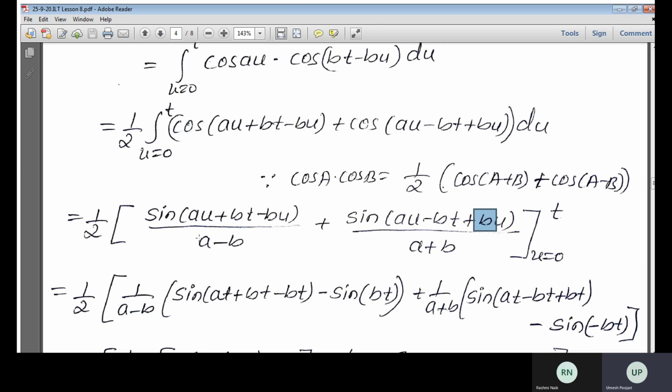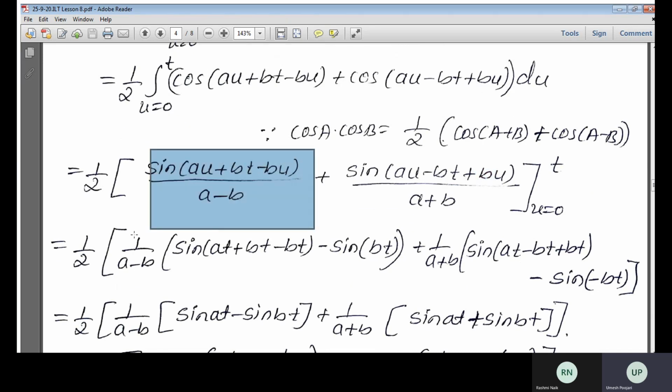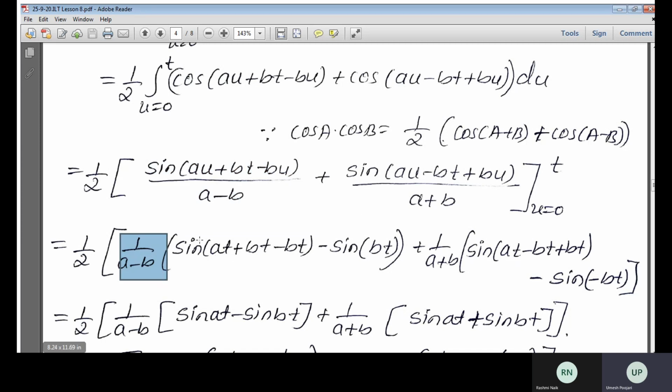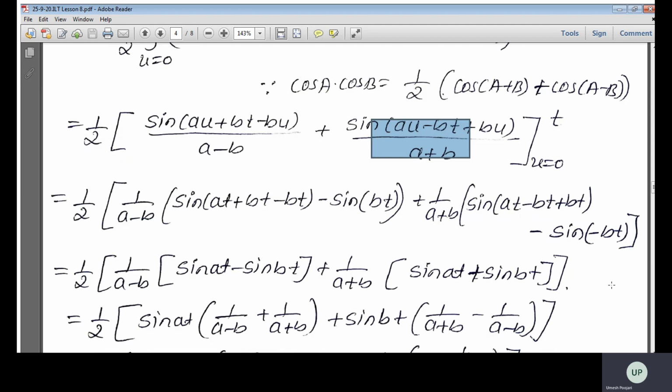So in the first term, we can take 1 by a minus b outside, into, when u equal to t, the upper limit, sin of at plus bt minus bt, minus, when u equal to 0, you get sin bt. Plus, in the second term, we can take 1 by a plus b outside; when u equal to t we get sin of at minus bt plus bt, minus sin of minus bt.